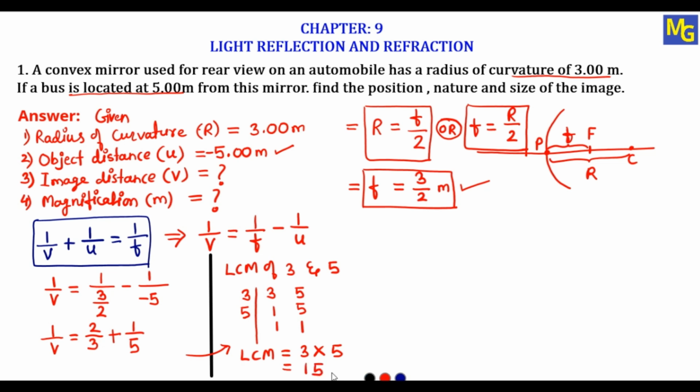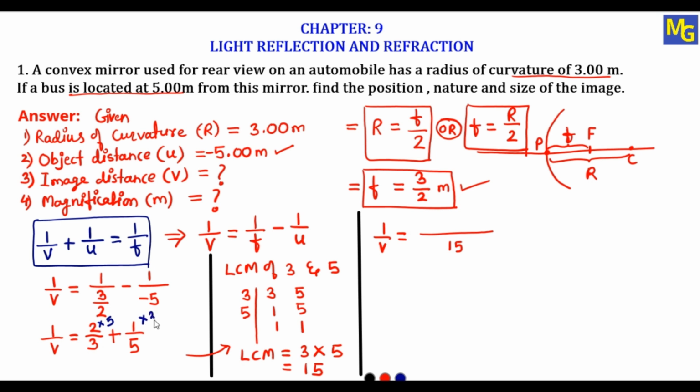Now use this LCM in this formula, that is 1 by V. So I will substitute 1 by V is equals to, our LCM is 15. Here it is 3, and in the 3 table it will be 3 5s are 15, and for 5 it will be 5 3s are 15.